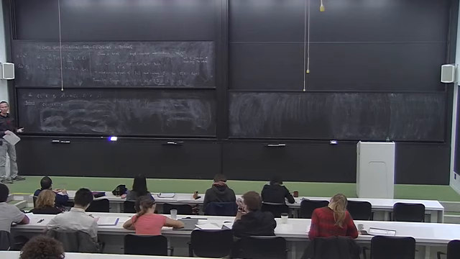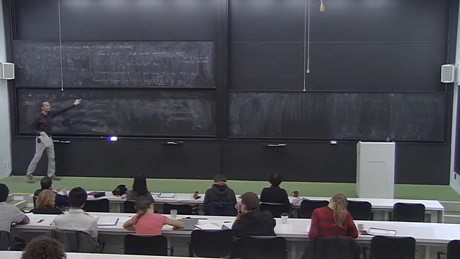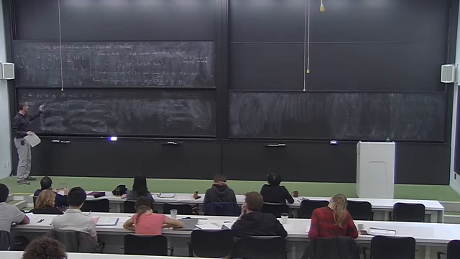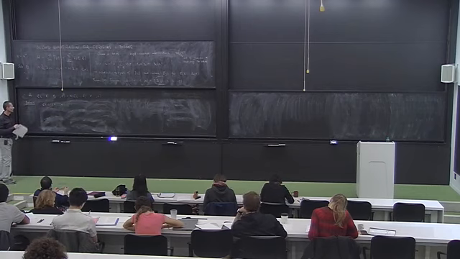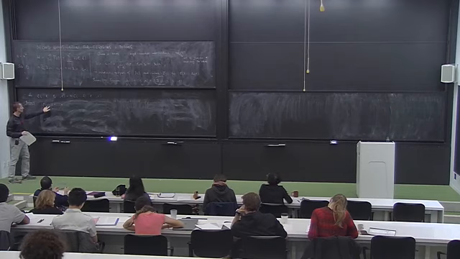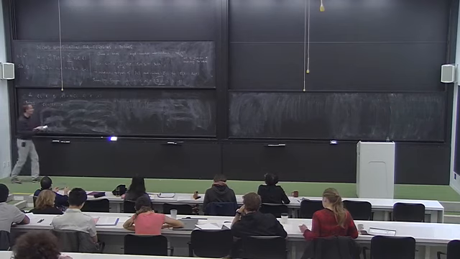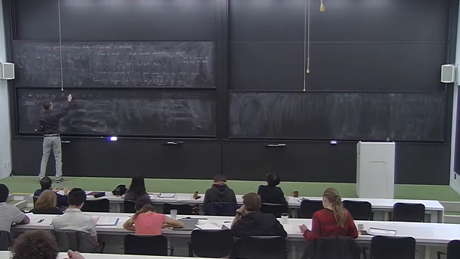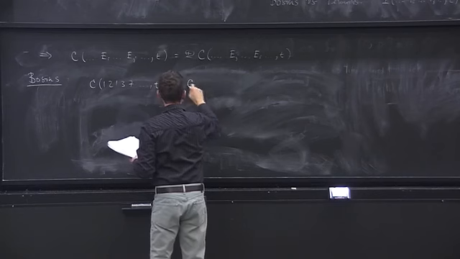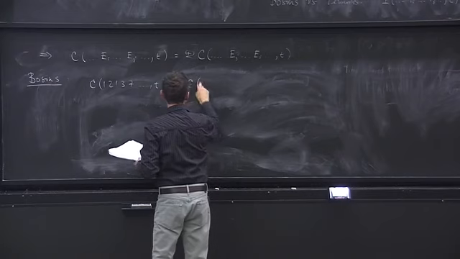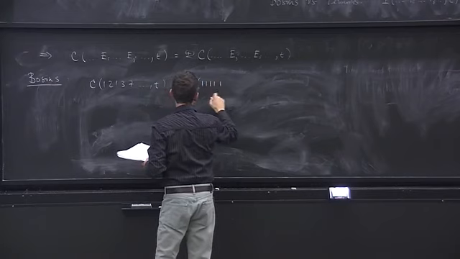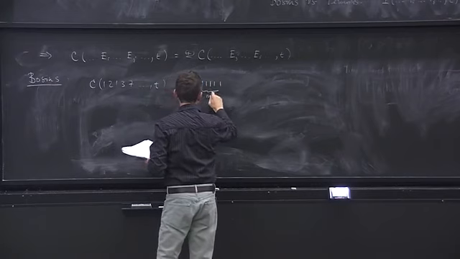So what I can now do is use this property that allows me to interchange any of these entries to collect all the ones in the first spot, all the twos in the second spot, and so on. And since I only incur this plus sign, nothing really changes. So I can write this coefficient as C, 111111, and this occurs n1 times.